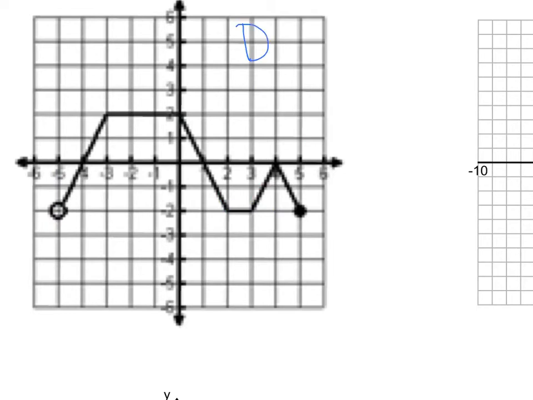Okay, now let's find the areas where the graph is decreasing. When you're decreasing, the value on the left is higher than the value on the right. This would be one area of decrease, and then over here would be the other one.